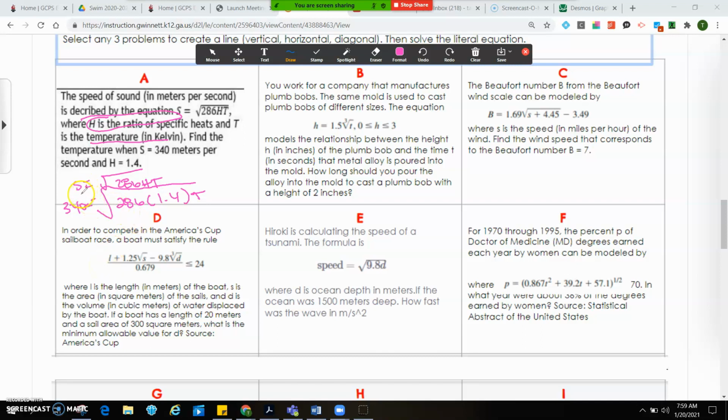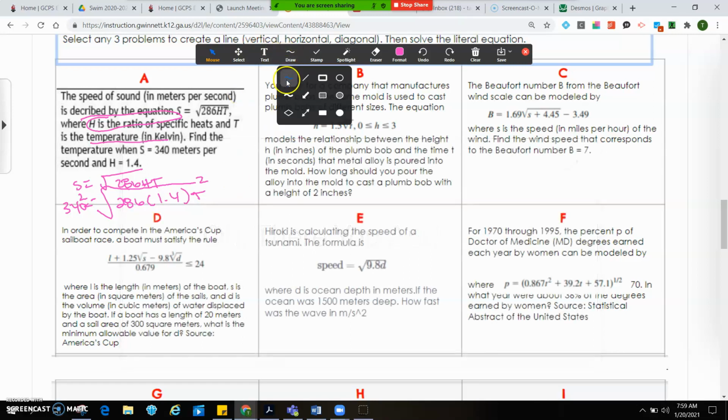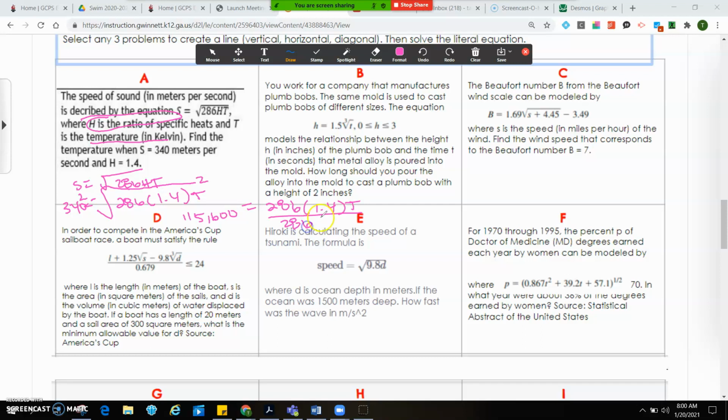So we're going to square both sides, and that's going to give us 115,600 on the left-hand side, equals 286 times 1.4T. Now we're going to divide by 286 times 1.4 in order to get T by itself.